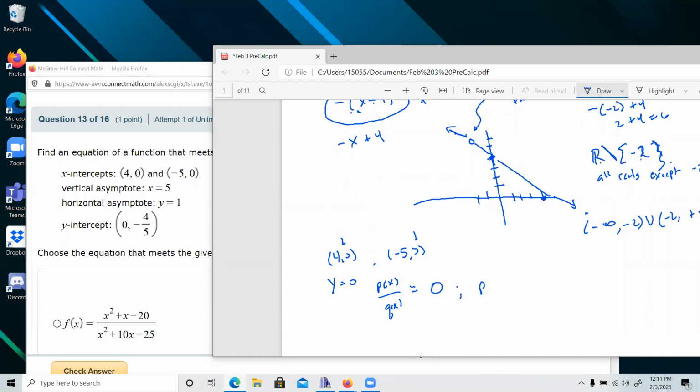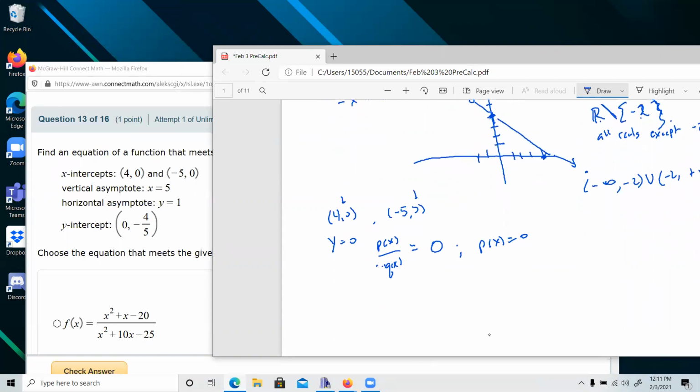So all we have left is p of x equal to 0. I don't even care what the bottom looks like right now. I just know the right-hand side is 0, because I'm getting my intercepts. And x is equal to 4 or x is equal to -5.